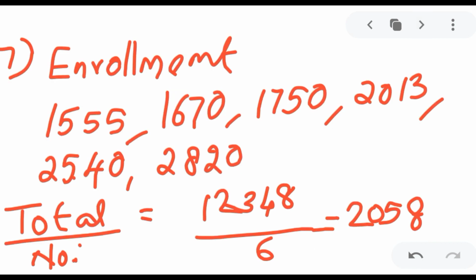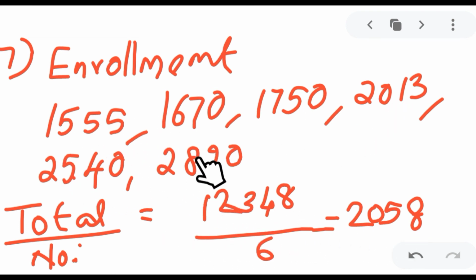Then the seventh question. The enrollment in a school during 6 years is given as 1555, 1670, 1750, 2013, 2540, 2820. We want to find the arithmetic mean of enrollment of the students for this period.